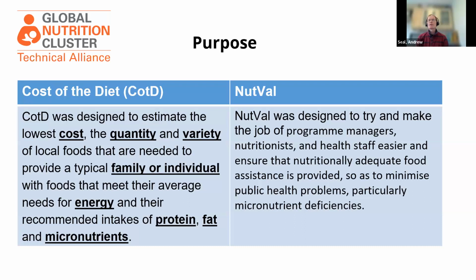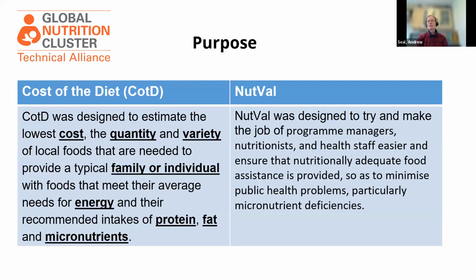It was designed to make the job of particularly nutrition managers, nutritionists, and health staff easier, focusing very much just on the foods available in typical humanitarian response programs. It also uses nutrient requirements which were calculated and included in the CVA standards. So it has a particular focus on the humanitarian sector and is a simpler tool and less thorough in its approach than cost of diet.